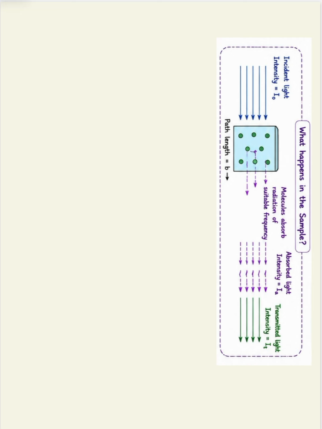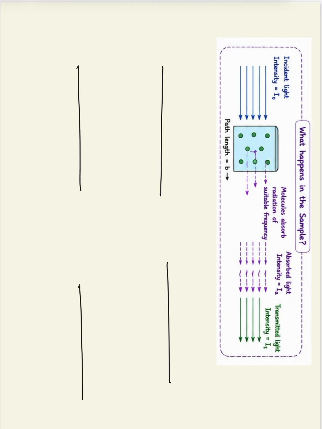So let's try to understand the basic principle of spectroscopy. To understand this principle, we have two molecular energy levels, designated as En and Em. En is defined as the ground state energy level, and Em is the excited state energy level.